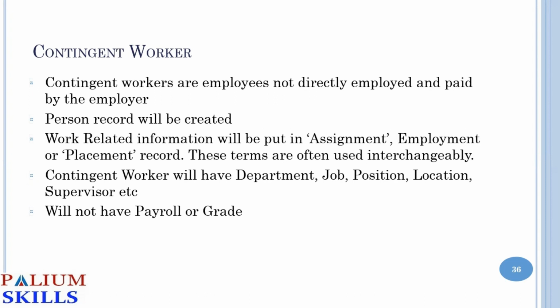Placement is the term generally used for contingent workers. For contingent workers, we have department, job, position, location, supervisor, just like any other employee record. They will not have payroll or grade. Usually payroll or grade is related to the employee.